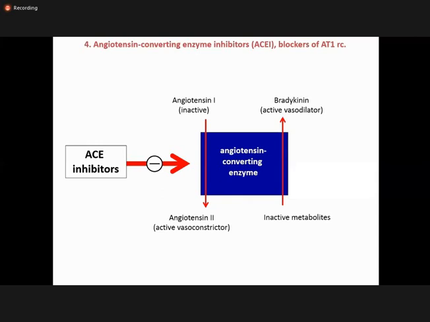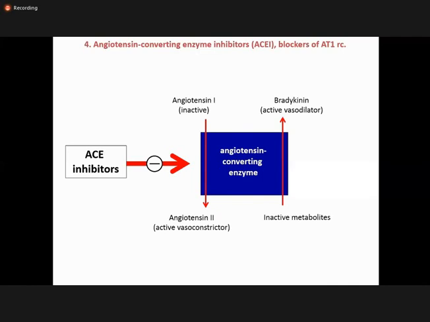Okay, you can see normally what happens. Renin is going to convert angiotensinogen to angiotensin 1, and this angiotensinogen is produced in the liver. This angiotensin 1 is converted into angiotensin 2 with the help of an enzyme that is called angiotensin converting enzyme.